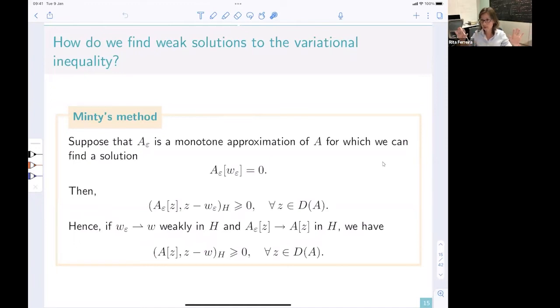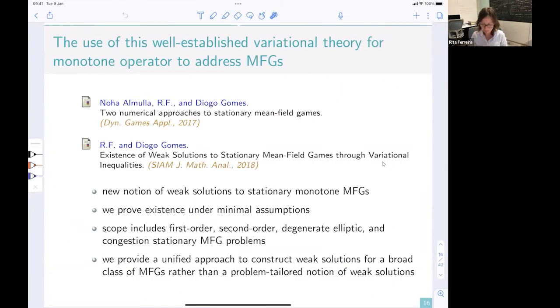Of course, what we then want is to establish further properties of this weak solution. This is the idea behind this monotonicity approach that we have been developing for the last 5 years or so.